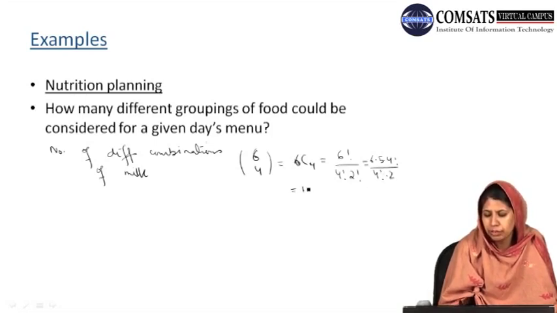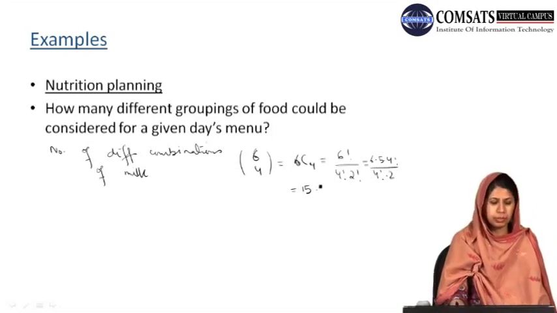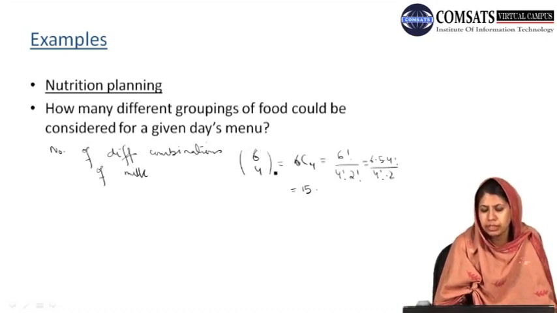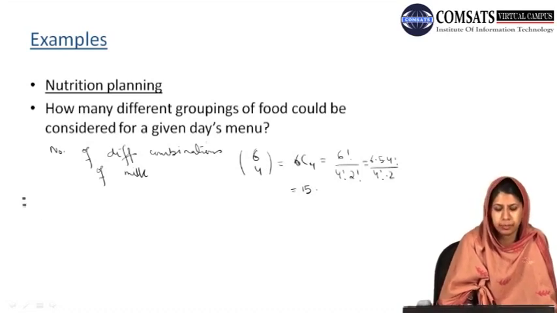We are left with 15 possible combinations for the 6 items of milk taken 4 servings at a time.